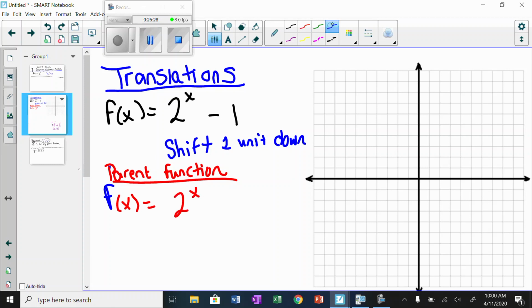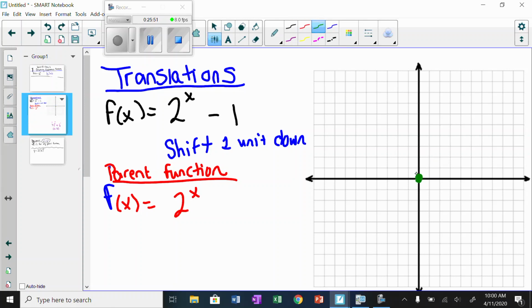Well, what does that mean? That means I'm going to have a key point at (0, 1), and I'm going to have an asymptote 1 unit below that. So what are we going to do? We're going to take that key point, and now I'm going to shift it 1 unit down. So now my key point is the point (0, 0).